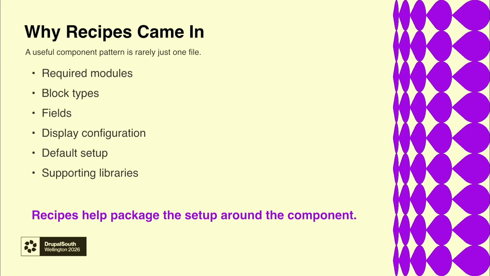That's where recipes come in. I'm guessing this morning they talked about it. You can replace the install profile with a recipe to build a site, but recipes are also very useful to package your configuration with your module. For example, if your dependency is a field, a configuration, recipes are a great way to make sure the paragraph or your block field is ready before or after you turn on the module.